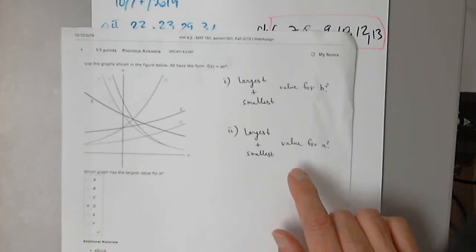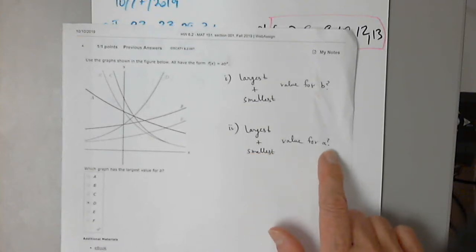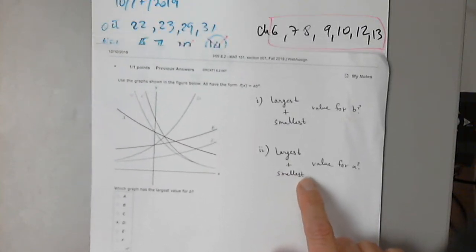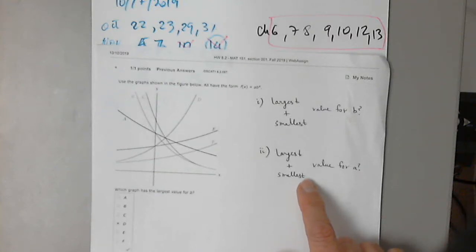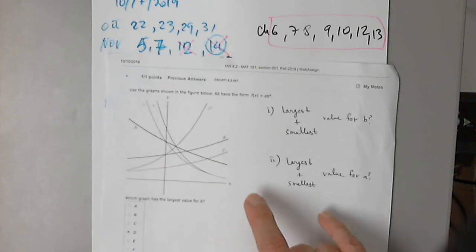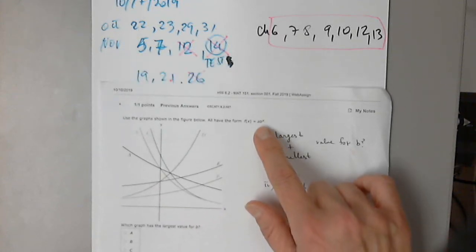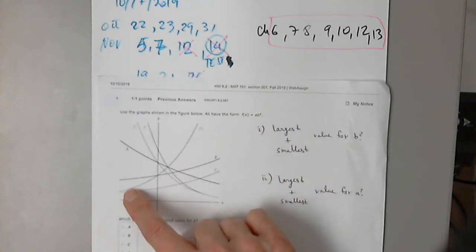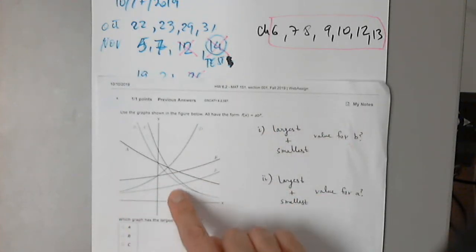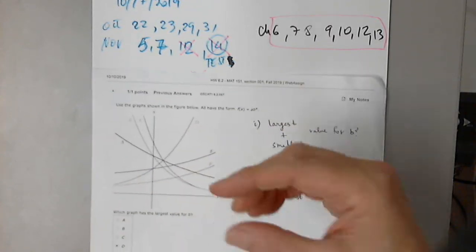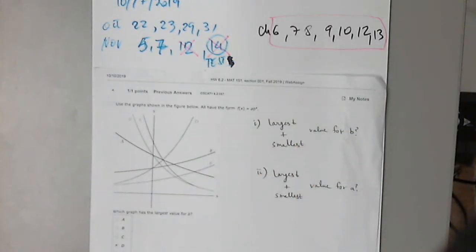So now I see here another question, the largest value for a. Is that the second question of the same problem? Okay, again the same thing, if you remember what we did with x squared.